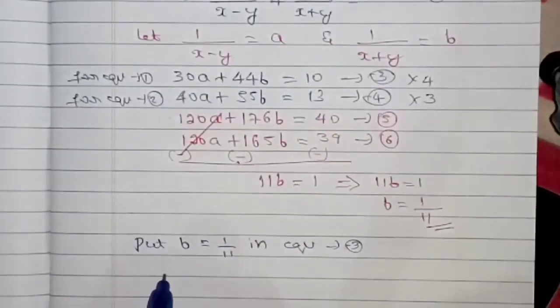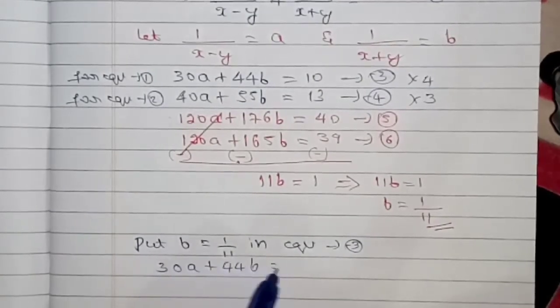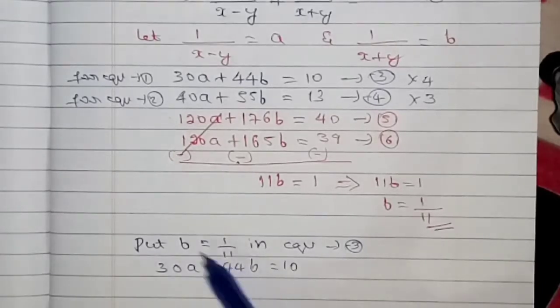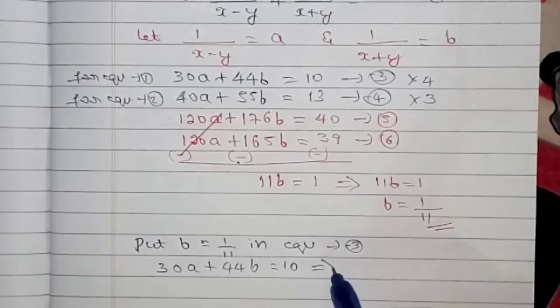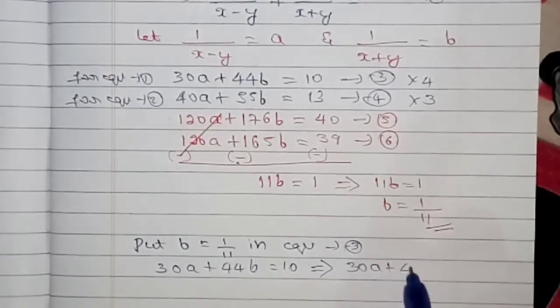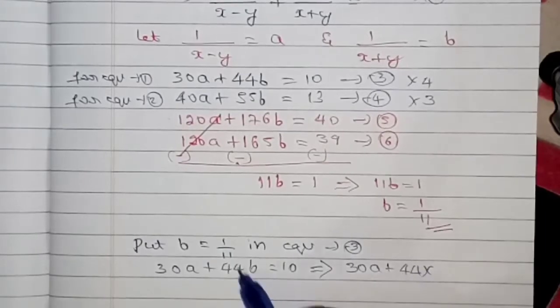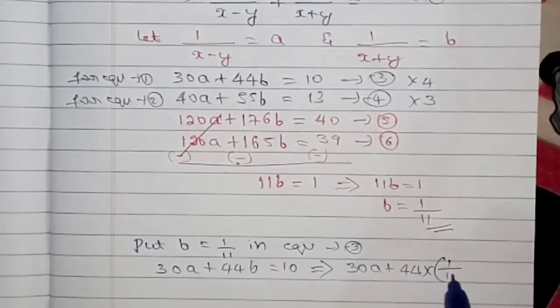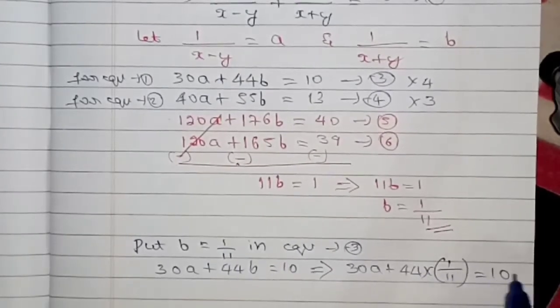Equation number 3 is 30a plus 44b is equal to 10. Now you need to apply this b value in this equation, right? So this implies 30a remains as usual plus 44 into, what is the value of b? b is 1 by 11, is equal to 10.